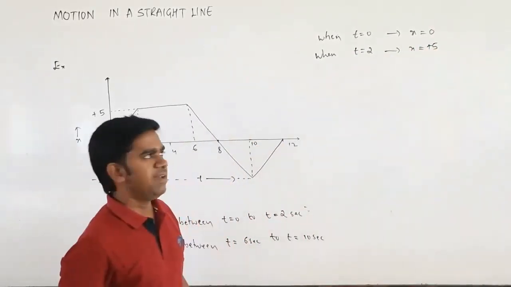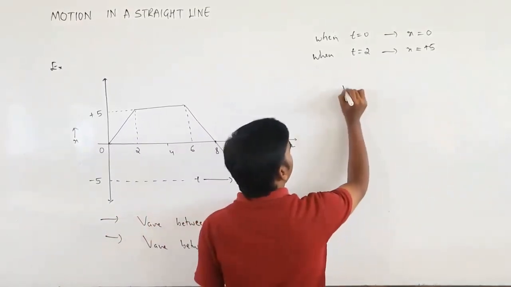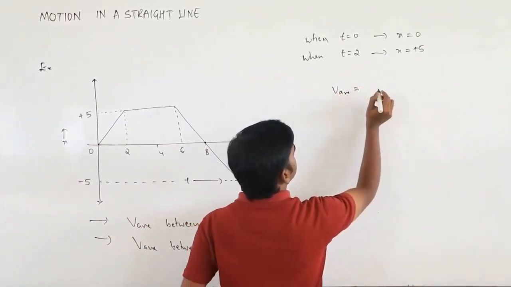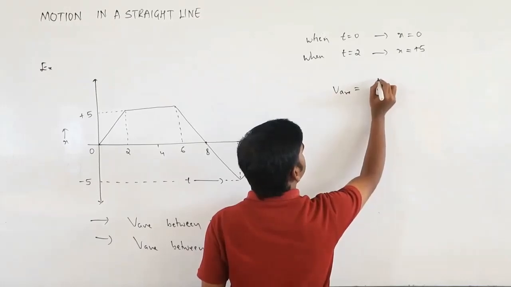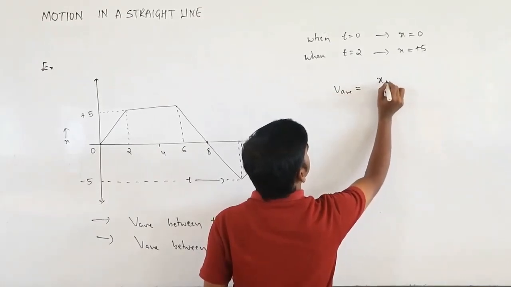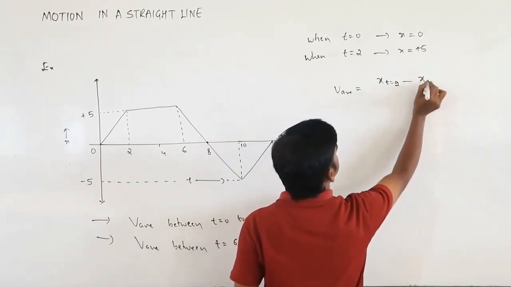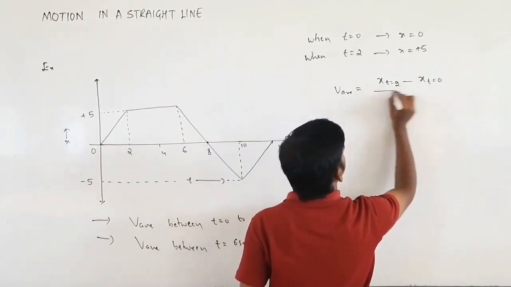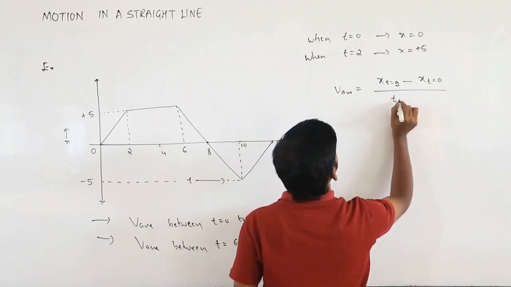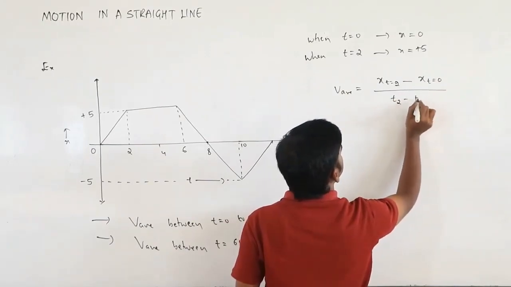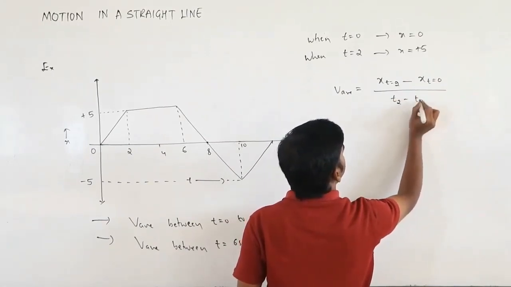Okay. So what is the average velocity? Average velocity is equal to x at t equals 2 minus x at t equals 0, divided by t2 minus t1, that is t2 minus t0.